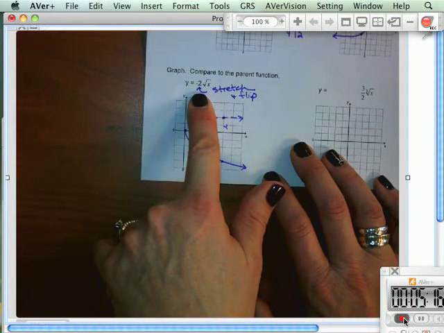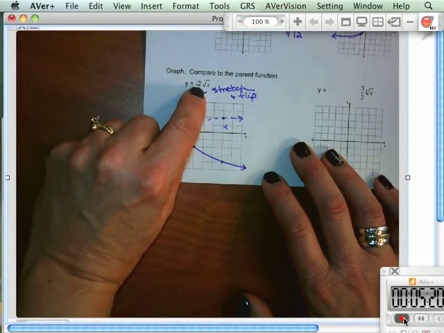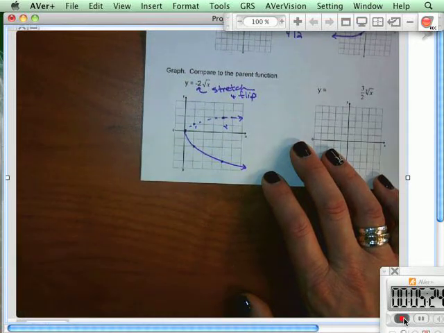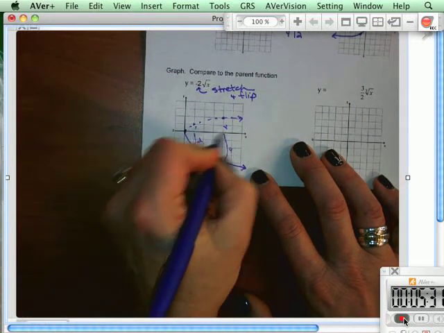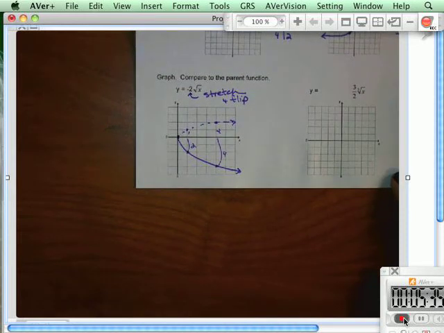But if you really think about it, all it's doing to your output is doubling it and making it negative. So your y values are changing by that. Does that make sense? This has gone now to 2. This has gone to 4. See, the y values have doubled. If that's too weird for you, just don't think too much about that. Go to your calculator and get some points. Okay?